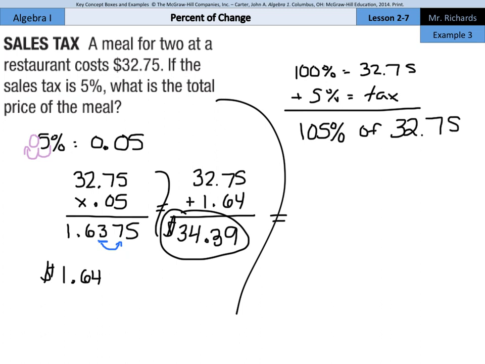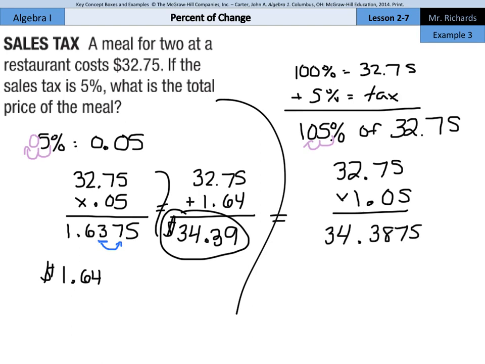So another way of solving this is to take $32.75 times 105% as a decimal, which is 1.05. When I do this, my total is 34.3875. And since tax is rounded to the nearest cent, I get $34.39 this way as well.